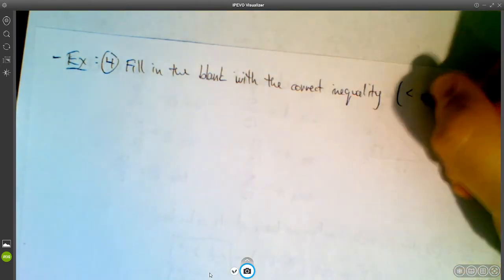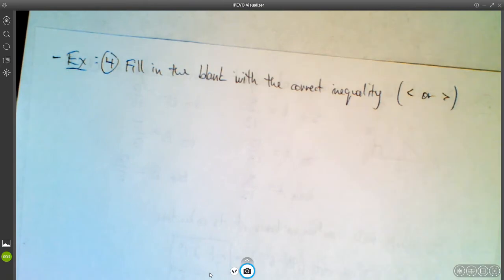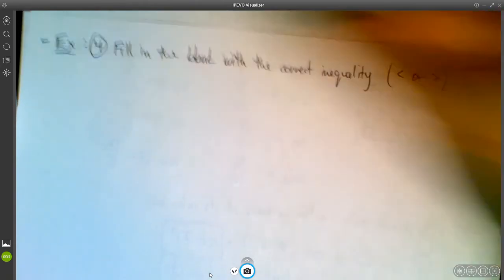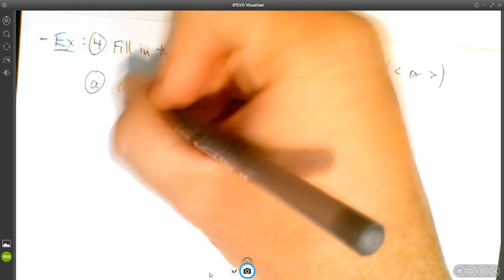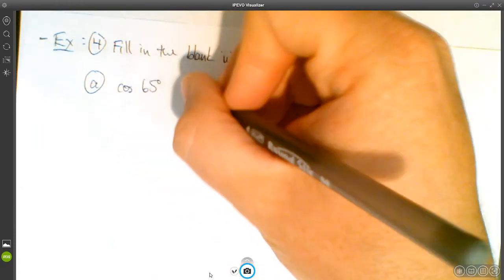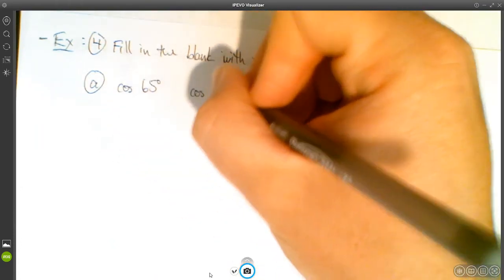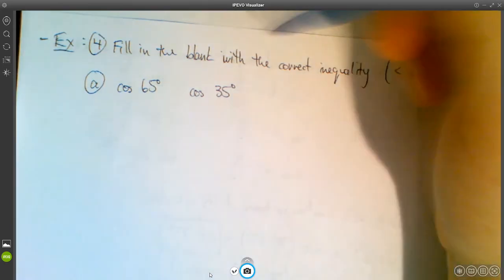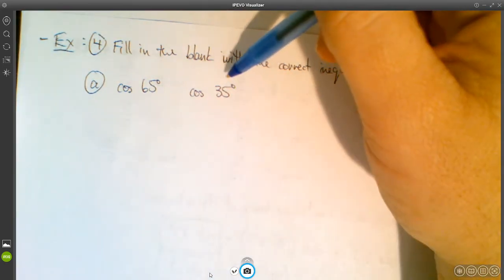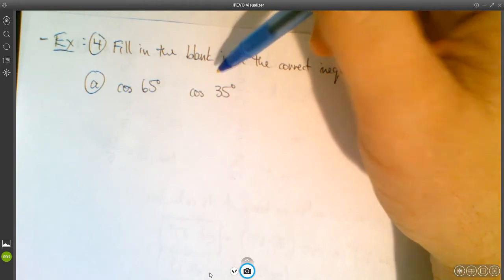So let's fill in the blank with the correct inequality, less than or greater than. Let's say that we're comparing cosine of 65 degrees to cosine of 35 degrees. Now the question is, should we put a less than or a greater than in that spot? Well, we know that as theta increases, cosine decreases, right?